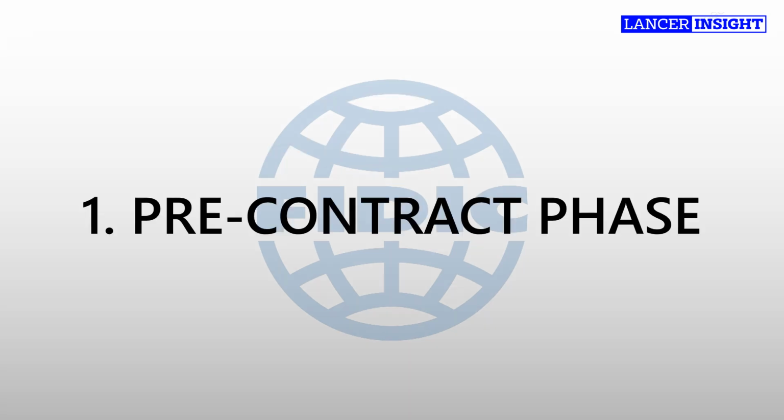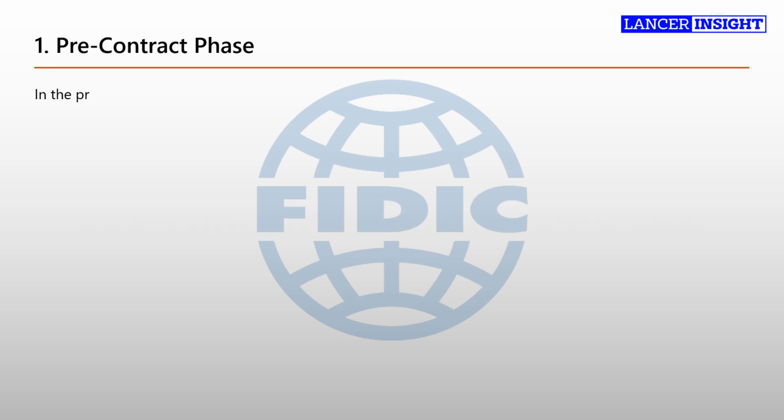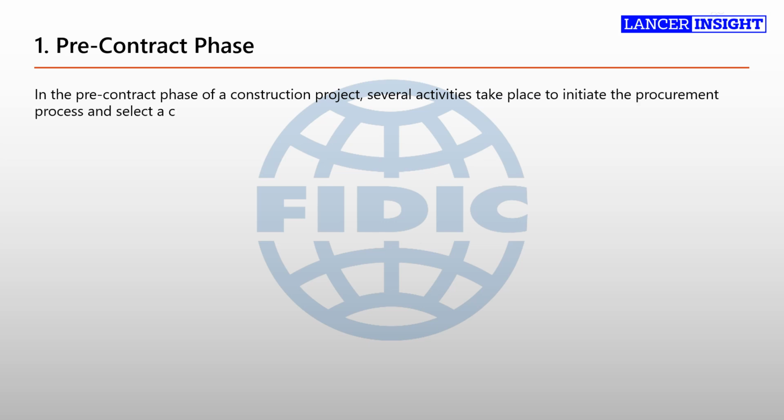Let's discuss briefly the pre-contract phase. In the pre-contract phase of a construction project, several activities take place to initiate the procurement process and select a contractor. Here is an explanation of each activity. A. Employer prepares project requirements and specifications.